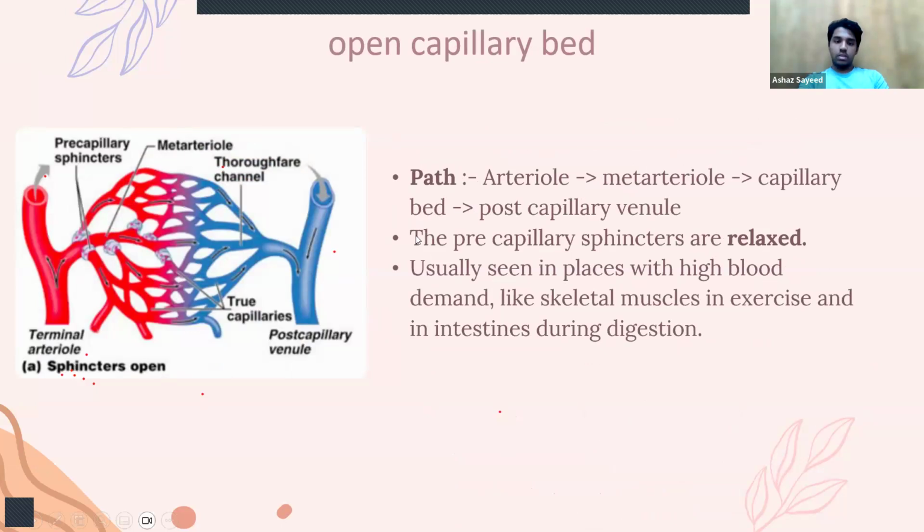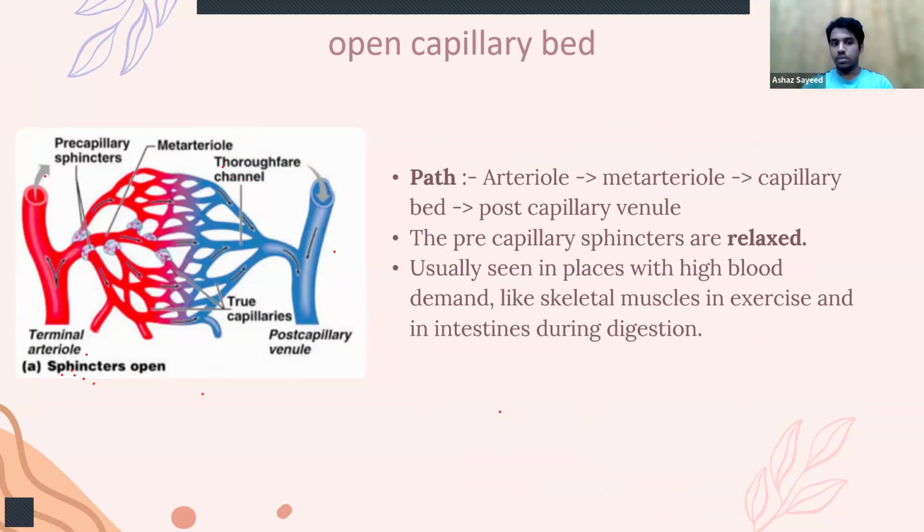So again, just to add on there, in an open capillary bed, blood moves from the arteriole into the meta-arteriole, into the capillary bed, and then into the post-capillary venule. The sphincters here are relaxed, and the capillary bed is open in regions where you need high blood demand. For example, in exercise, your muscles need a lot of blood.